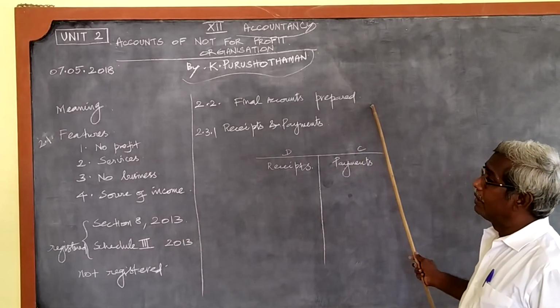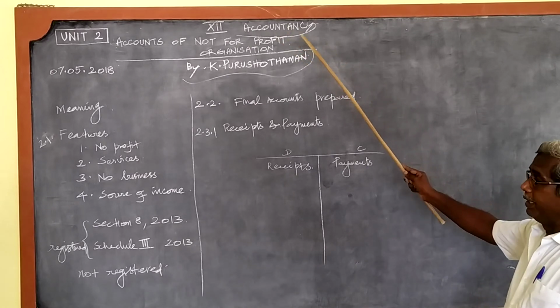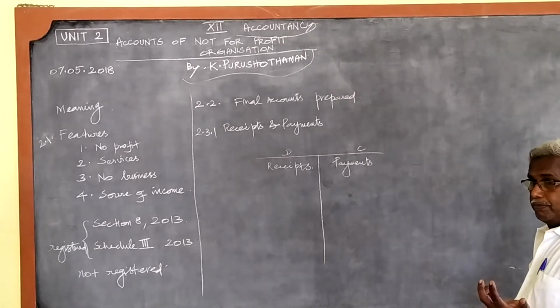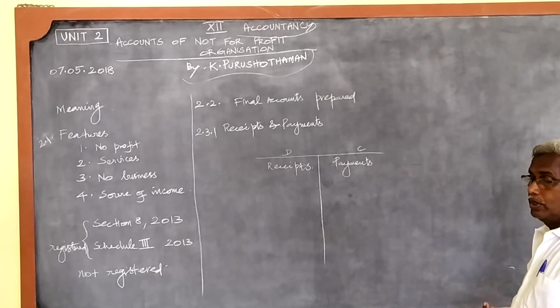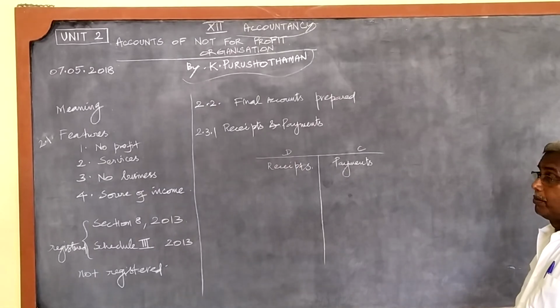And the accounts prepared under this organization type are the receipts and payments account and the income and expenditure account. Then finally the balance sheet is prepared.